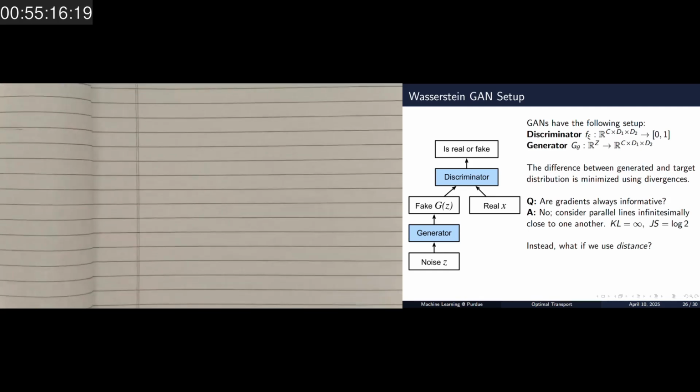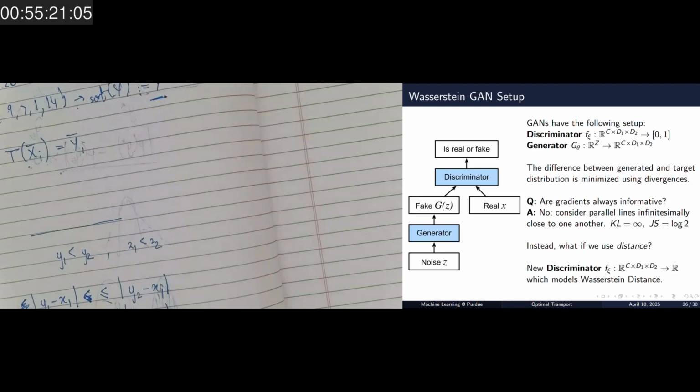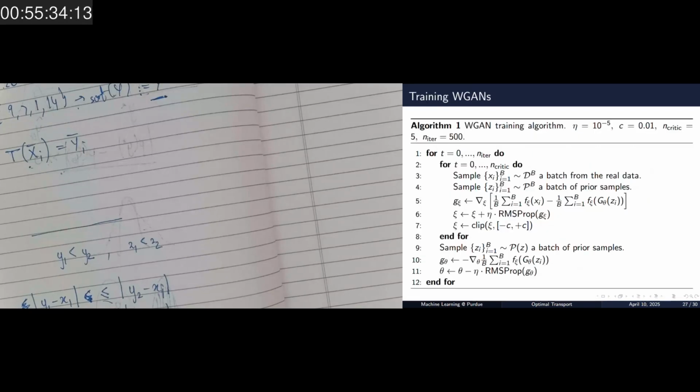You get something that is slightly different from it, where you basically hope that your new discriminator, which outputs just something in the real space, models Wasserstein distance implicitly, and this is shown to work to an extent. I have the following algorithm, or rather the actual code implementation, which I am going to try and share using my computer. So give me a second here.